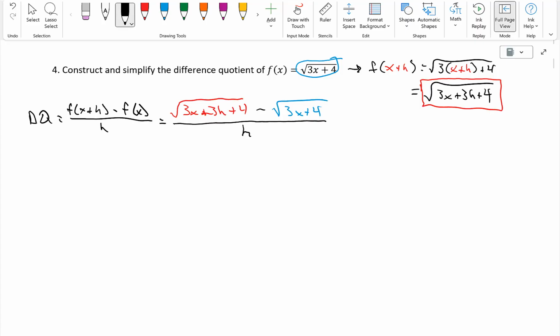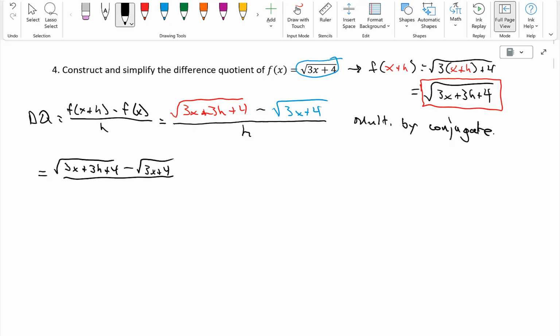So this takes us back to when we were rationalizing a radical expression, and we needed to multiply by the conjugate, right, to rationalize the numerator here. And we can do that conjugate on the next line to make it nice and big. So we've got the square root of 3x plus 3h plus 4 minus the square root of 3x plus 4 all over h.